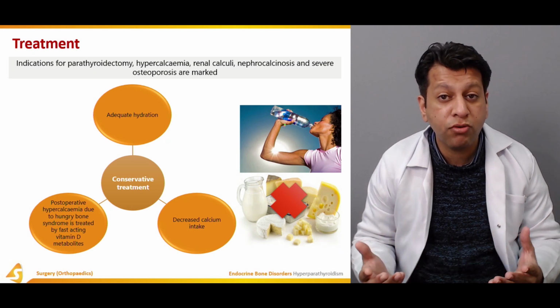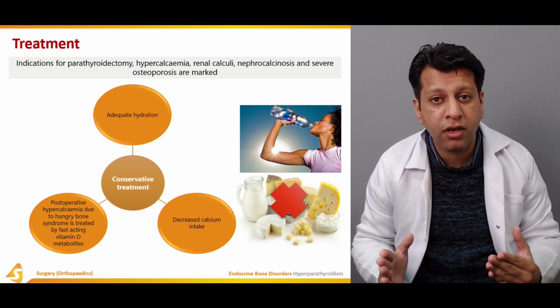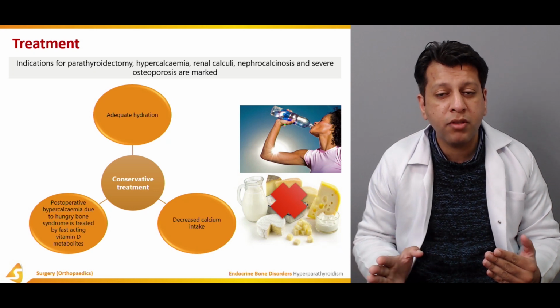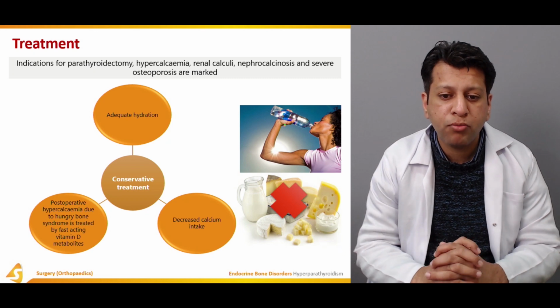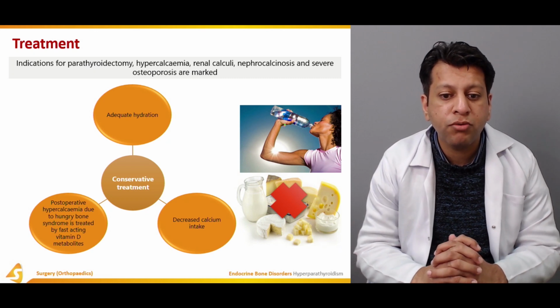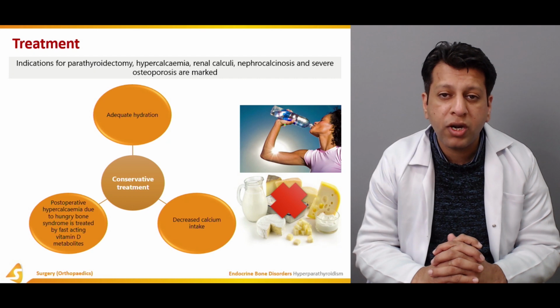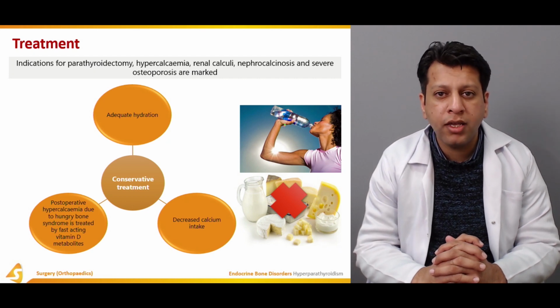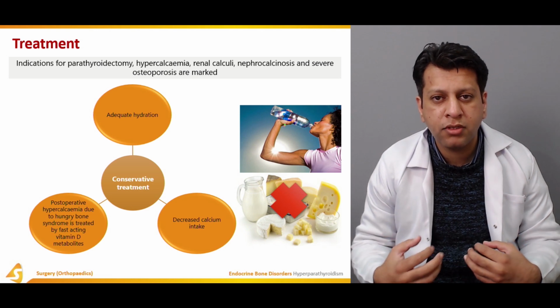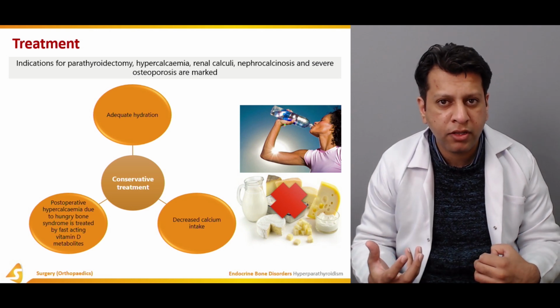But if it is an acute treatment, then you need to give them IV fluids first, give them steroids, give them IV bisphosphonates. There is a term called post-operative hypocalcemia due to hungry bone syndrome. So what happens is, for example, a patient had a parathyroid adenoma. For some time he had hyperfunctioning of the parathyroid gland.